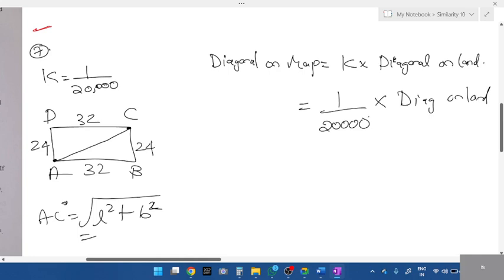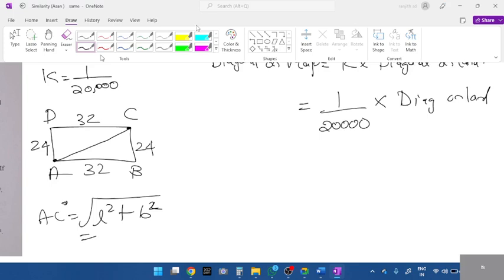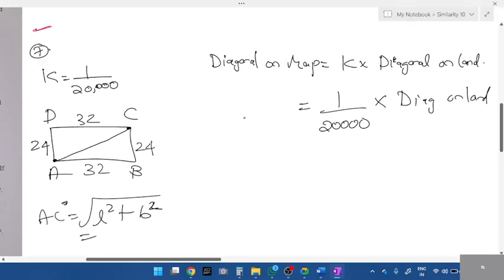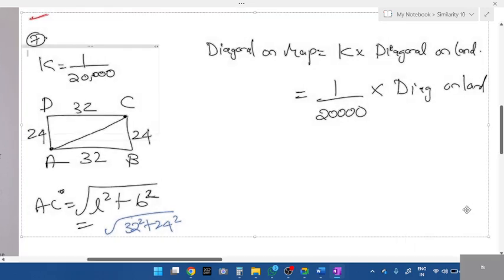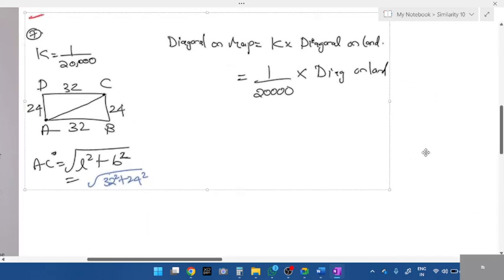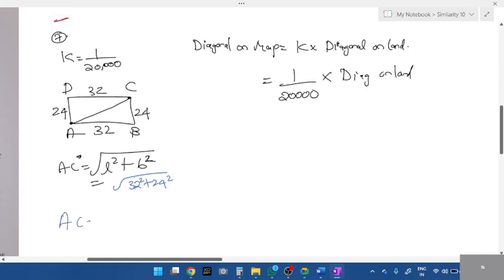The sixth one is very tough and I didn't understand which diagram they have given. No object is mentioned. Square root of 32 square plus 24 square. What is 32 square?